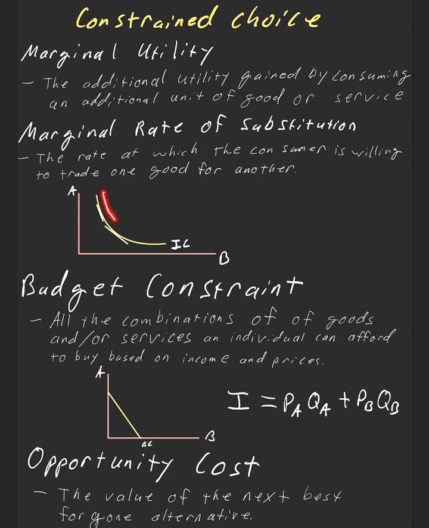So this curve right here, that's just saying if I'm at any point A, point B, point C, if I'm at any point along there, I'm just as happy as if I were at any other point along the way, right? So why does it curve? It curves the way that it curves because we are able to reach the highest possible indifference curve, so utility increases as we move away from the origin.